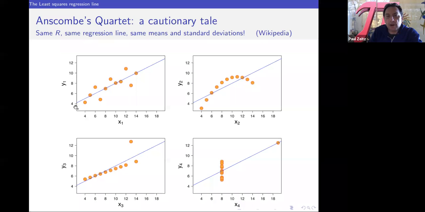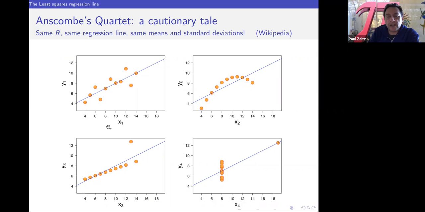And we have a regression line with a slope of 3, I believe. Oh, no, slope of 1/2 and an intercept of 3. It's the line y equals 0.5x plus 3. Furthermore, the standard deviation of the x variables and the standard deviation of the y variables, we can compute them.